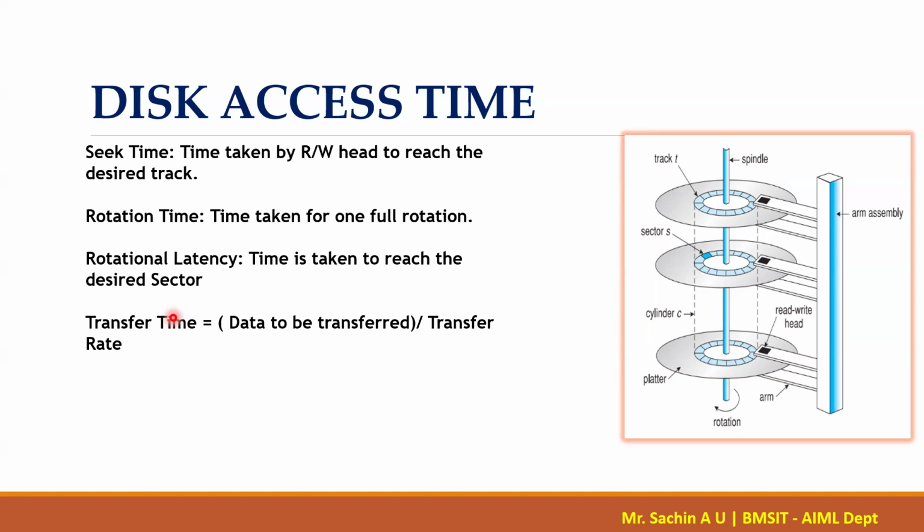If they have given you control time and queue time, you should also add them. So totally, what is the disk access time? Disk access time is the sum of seek time, rotation time, transfer time, control time, and queue time. If you add all these five, you get the disk access time.